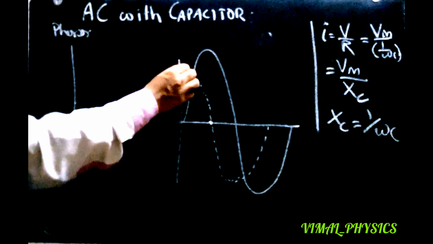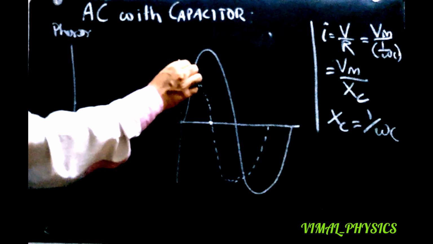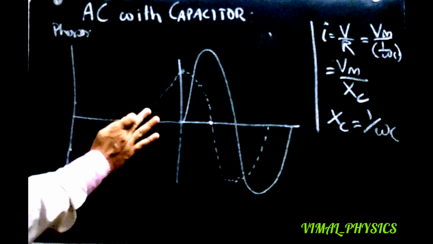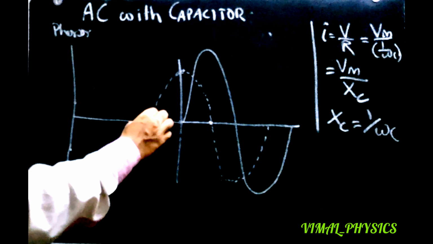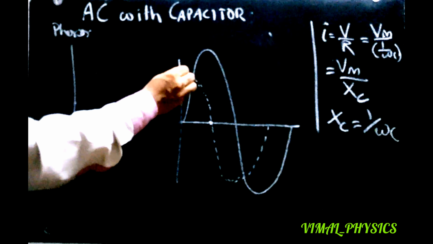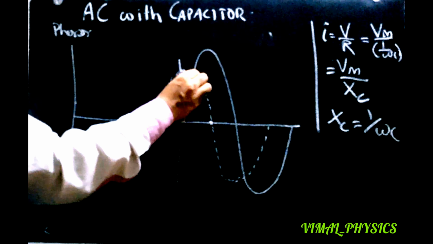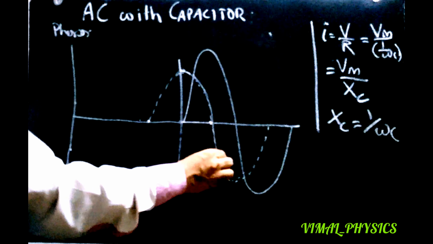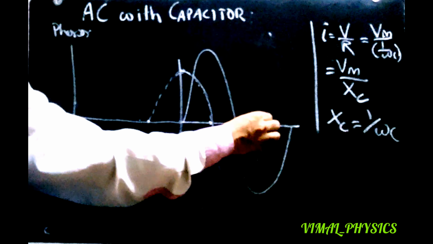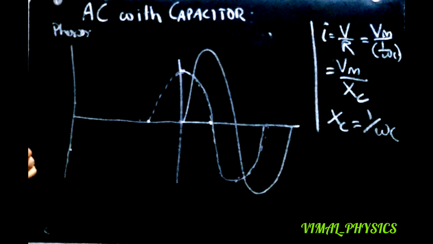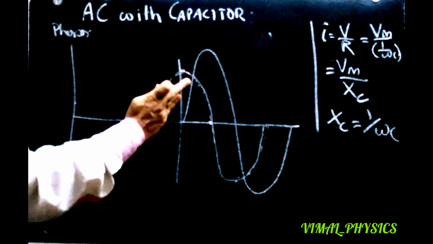So here we can tell that the voltage is lagging the current by pi/2. So you can see here the current will be leading the voltage by pi/2. That is the part we are mentioning here.